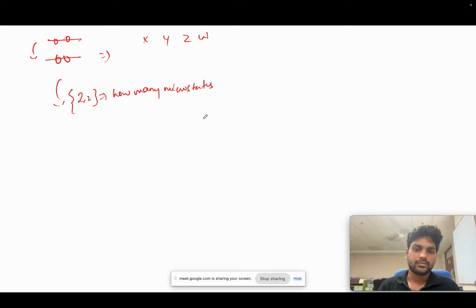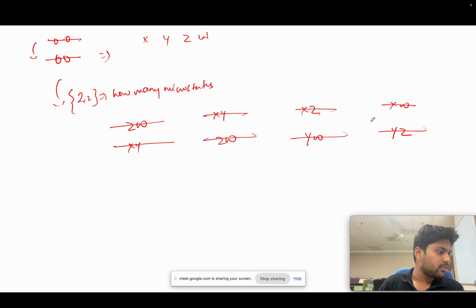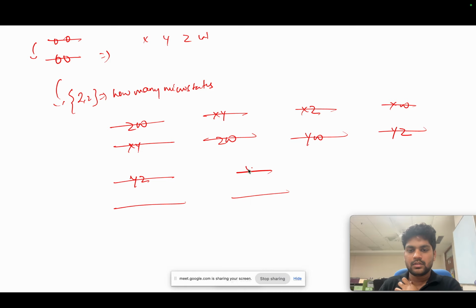So now here, if I take 2, 2, either it can be xy zw, or xz yw. So how many will there be? There will be 6. xy zw, xz yw, xw yz, yz xw, yw xz, zw xy.